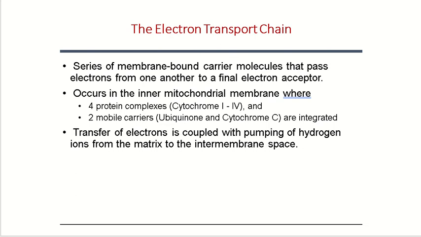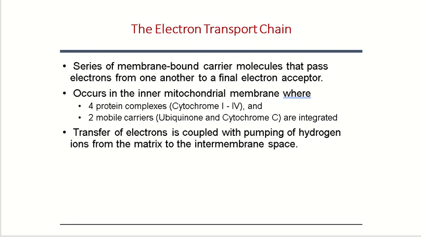If you compare the creation of a proton gradient between photosynthesis and the electron transport chain, in photosynthesis, hydrogen ions are being moved with the help of plastoquinone, another mobile carrier, whereas for the electron transport chain, they are simply being pumped. But similarly, both create gradients. They move hydrogen ions against the concentration gradient.